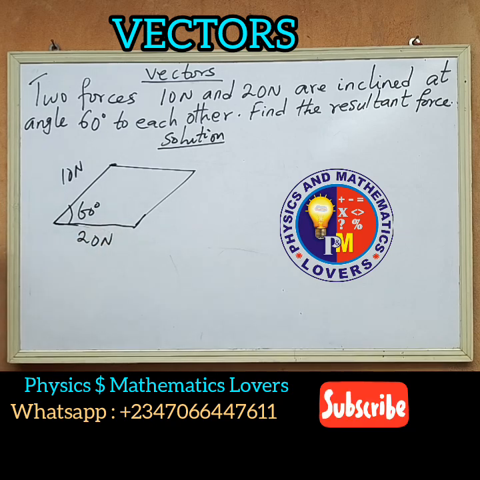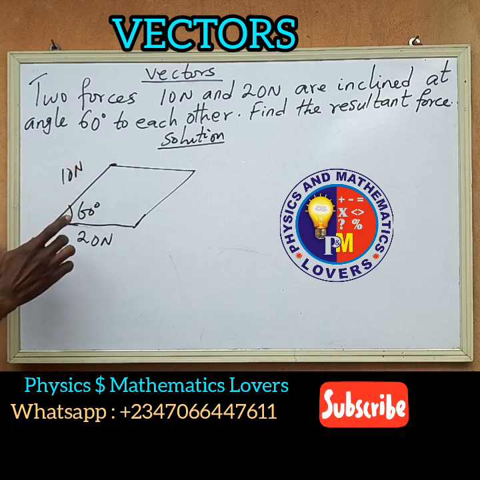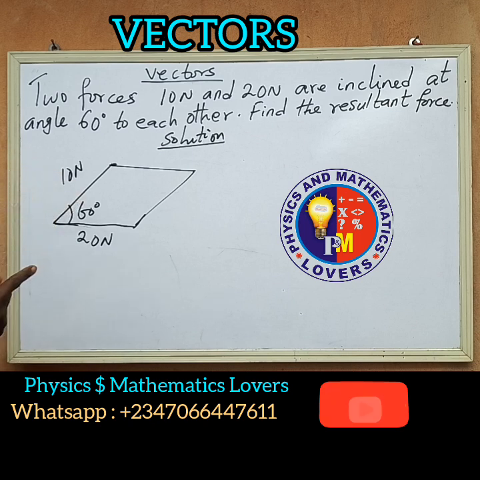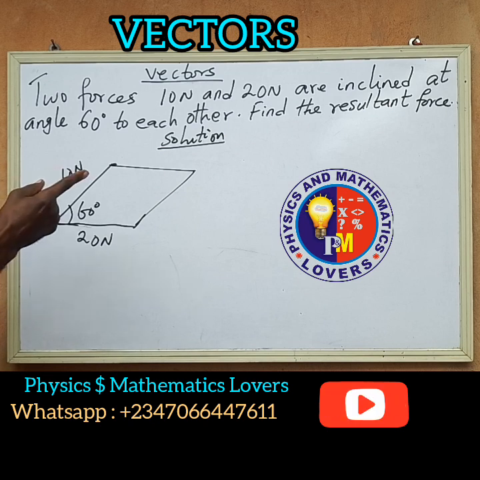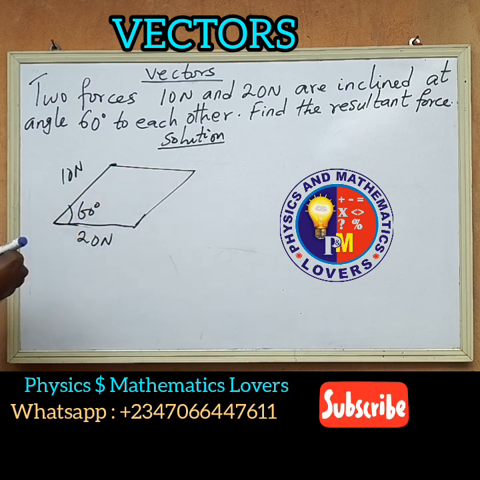Now here what you need to do: the resultant according to the parallelogram law of vectors says that if the adjacent sides of a parallelogram are represented by two vectors in magnitude and direction, then the resultant is the line which is the diagonal drawn from their point of intersection.